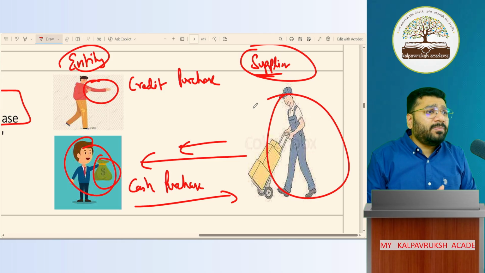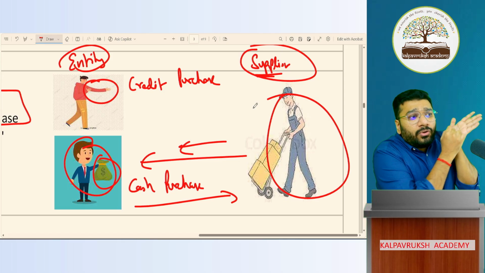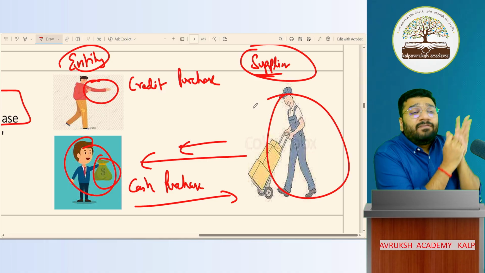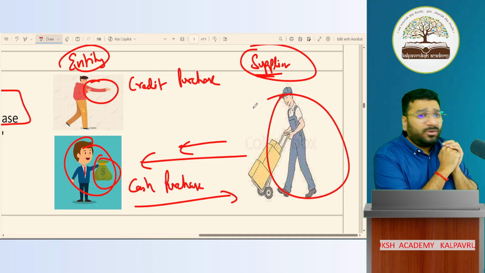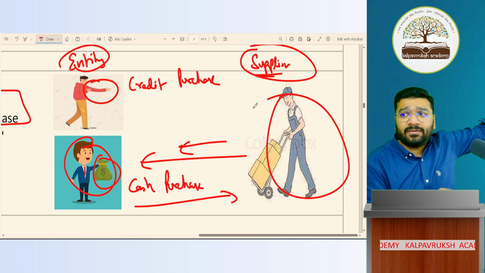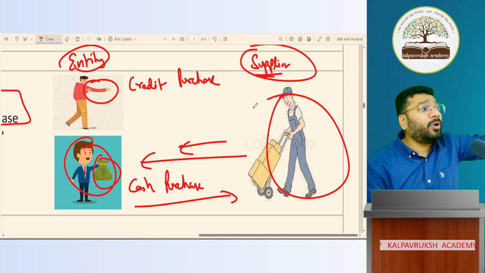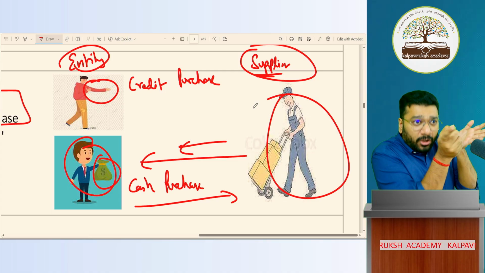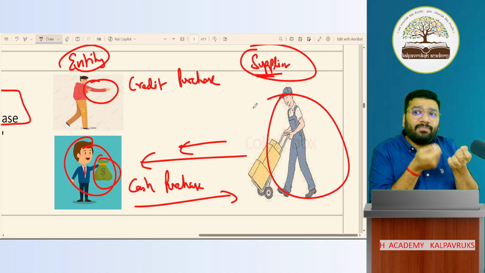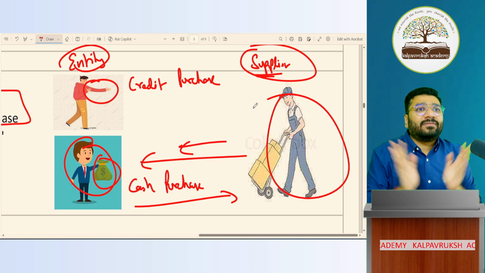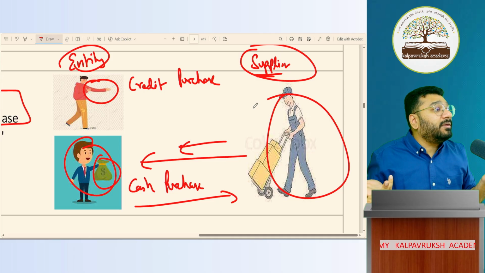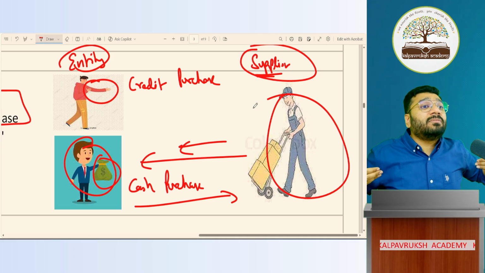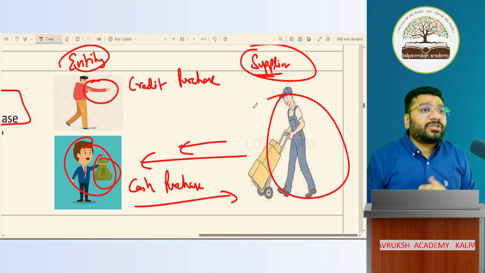Is it practically possible for me to make a note of all those customers' or suppliers' names with whom I've dealt in cash? No. Even the petty shop near your house, if you pay on the spot and get a chocolate, does he make a note of it in his book? No, he'll take money, give chocolates, and forget. Because we cannot keep a record of all the customers dealing in cash. Got it, not got it?